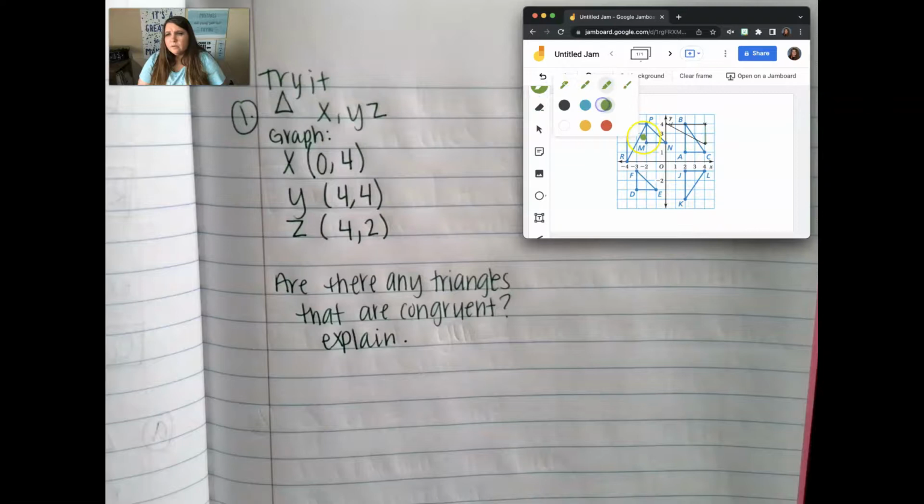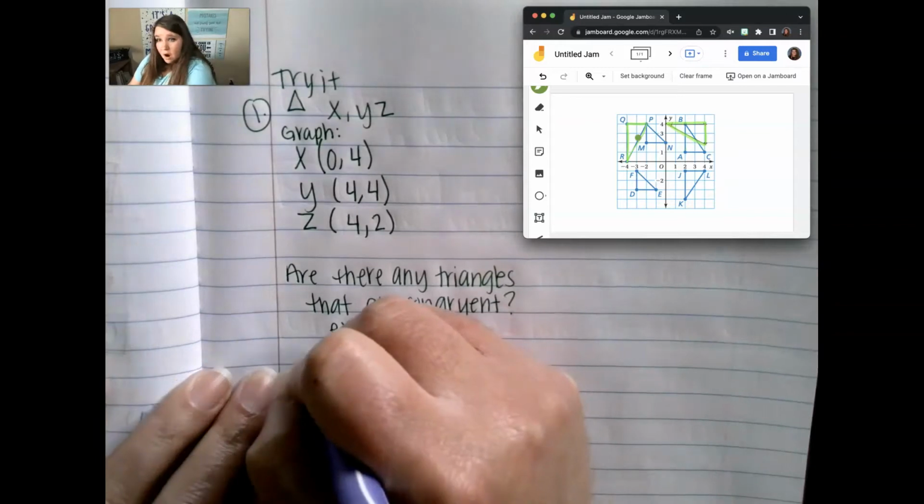There we go. All right, so I've got highlighting happening. It gives me a 2 by 4. This triangle over here is also a 2 on the base by 4 on the height. So this tells me that these two things are congruent. So yes, my answer is yes, they are congruent.